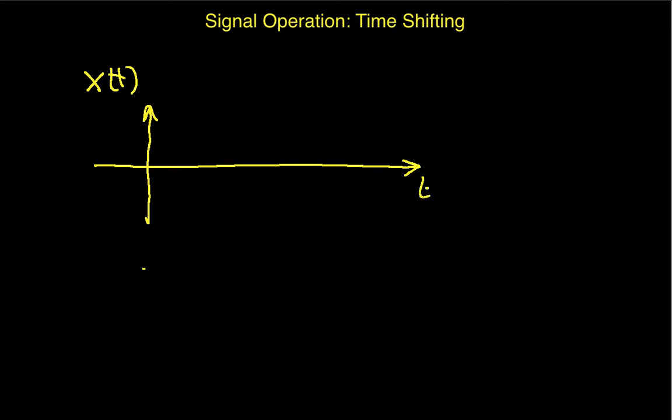So to begin with, suppose that we have a signal which we'll call x of t, and I'll draw some axes here. In fact, we'll do x of t in a different color so that it looks nice. We'll make x of t bright green.